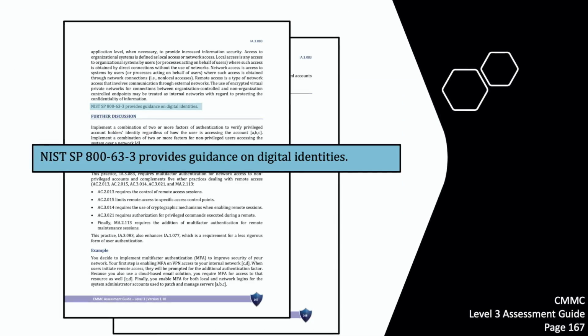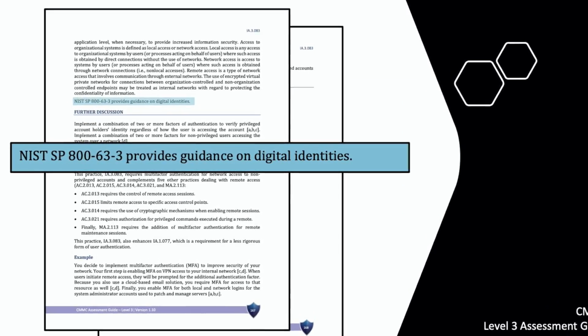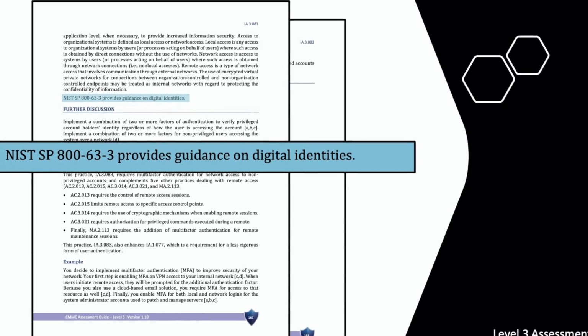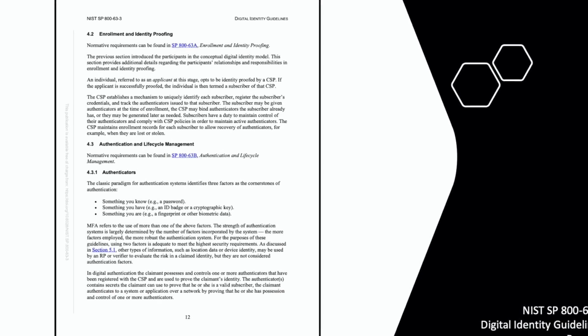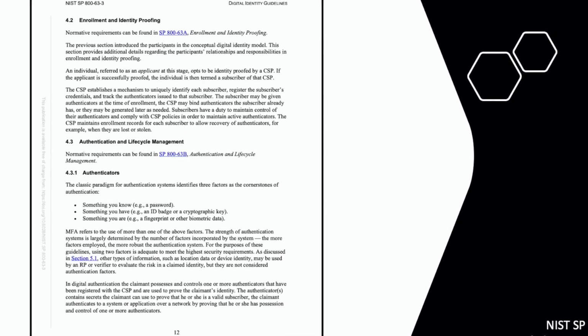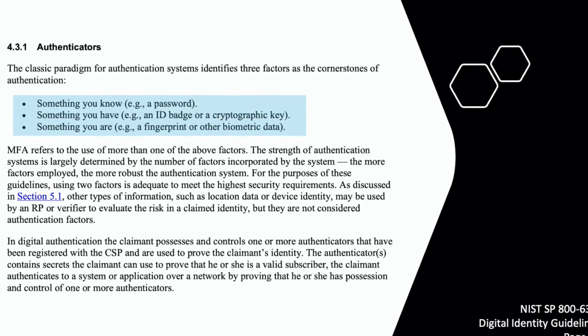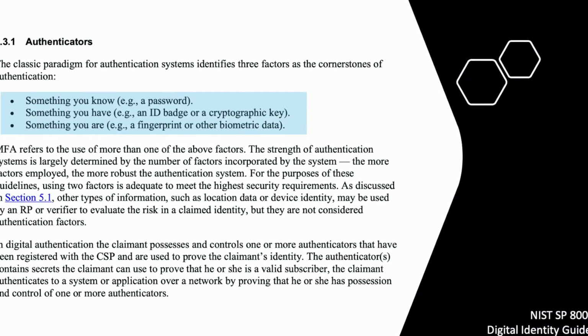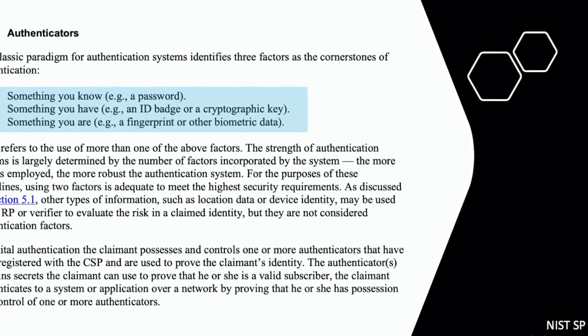At the end of the discussion section, there is a reference to NIST 800-63-3. If you look at section 4.3.1, you'll see that the discussion of an authenticator is basically taken verbatim from this NIST 800-63-3 guide and put in to populate this section of the discussion.